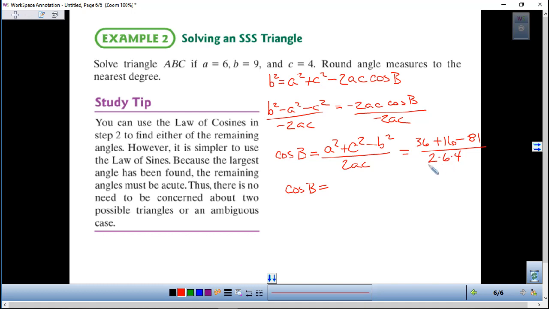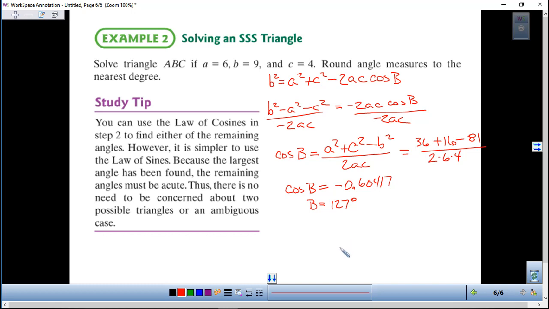That gives me negative 29 on top. 2 times 6 is 12, times 4 is 48, so I'm going to divide that by 48, and that gives me a cosine of negative 0.60417. So I'm going to take the inverse cosine of that, and I'm going to find that I have an angle B of 127 degrees.